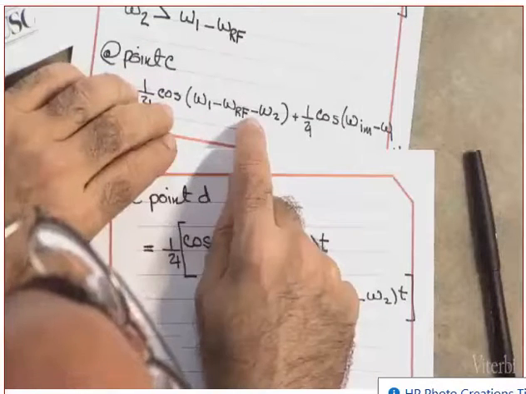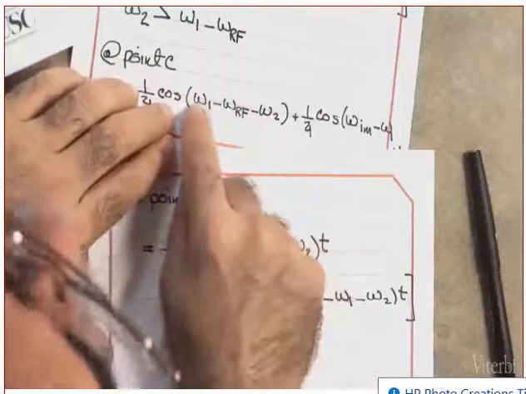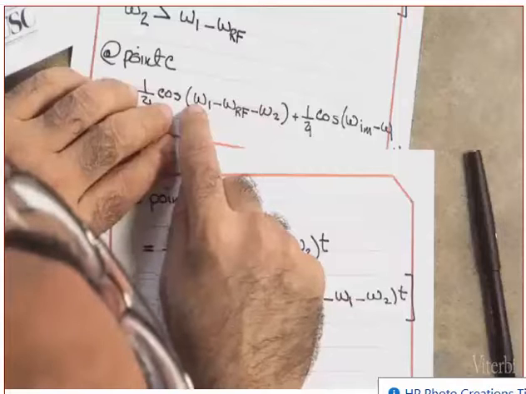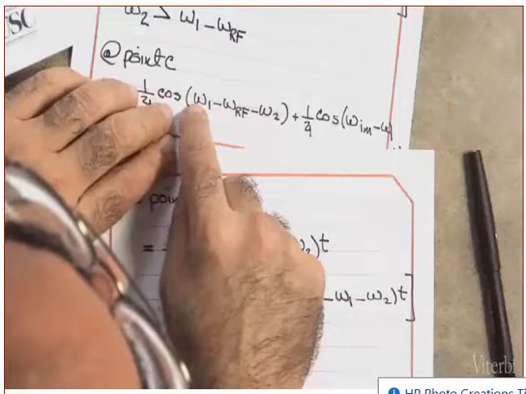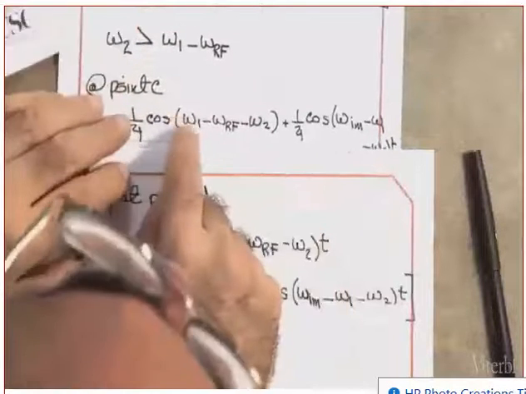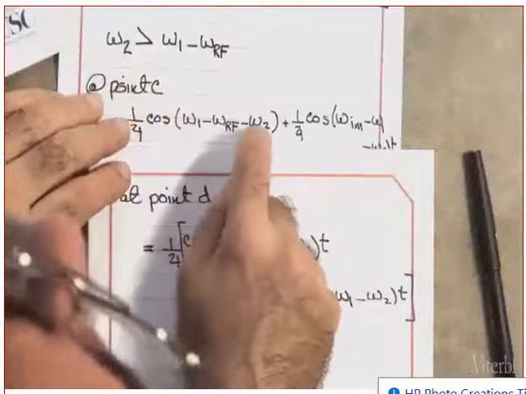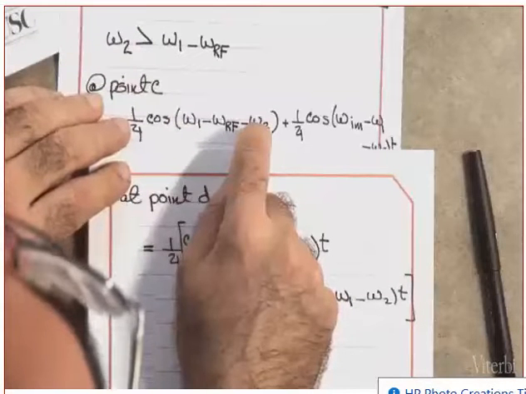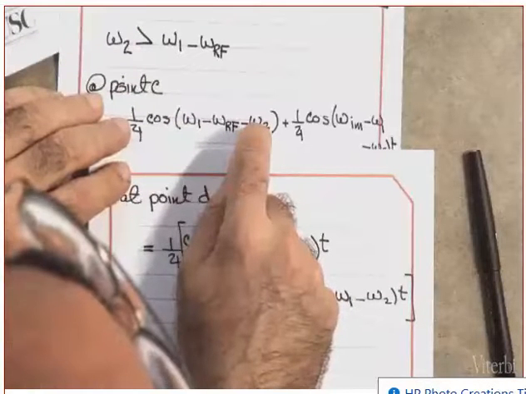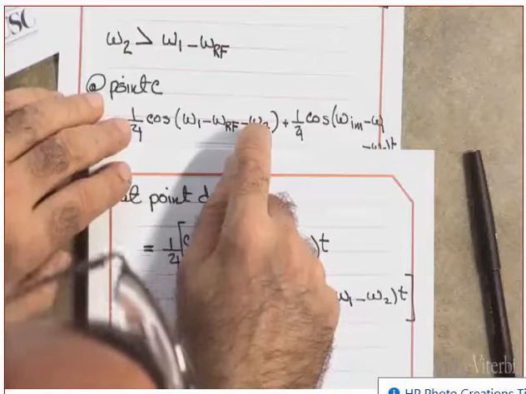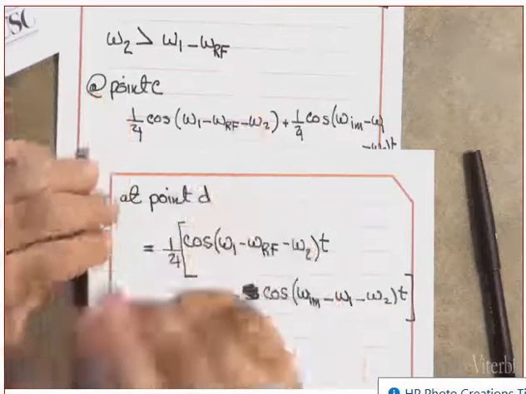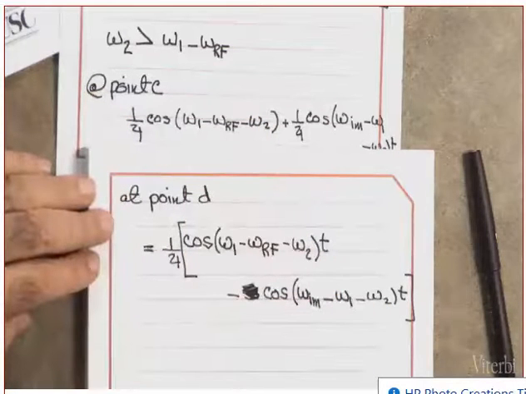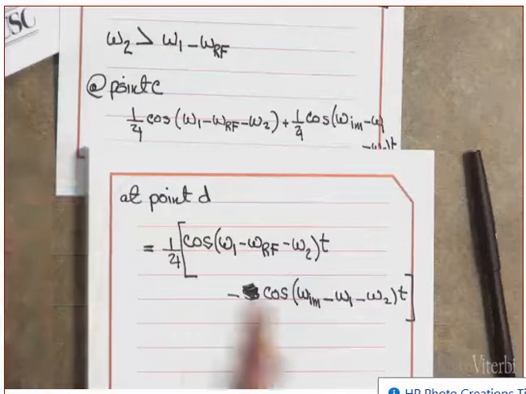Is this minus or plus? It's minus. If you make omega 1 plus omega 2 equal to RF, you are going to go from center to 0. Did you get this or not? Yes.